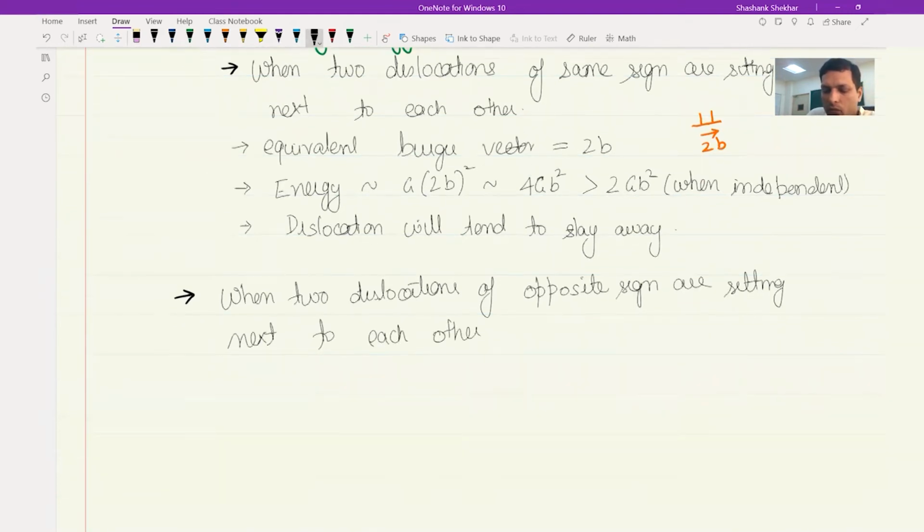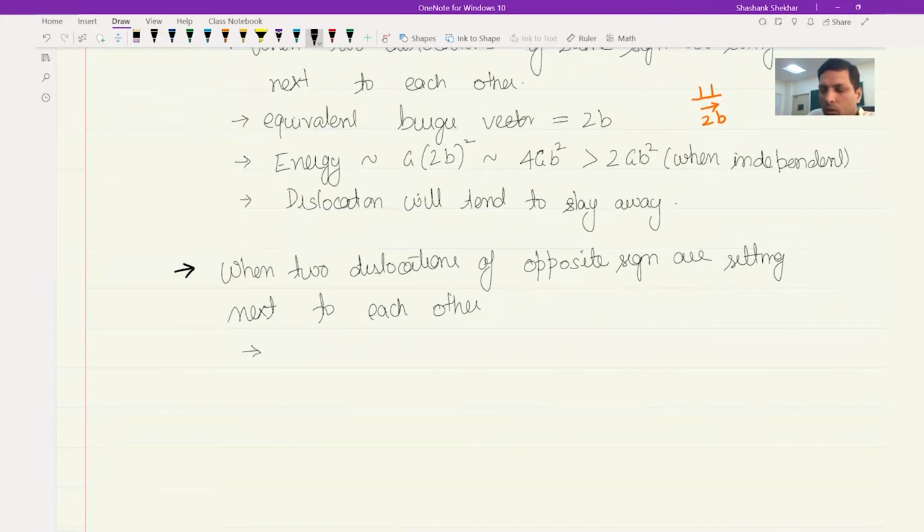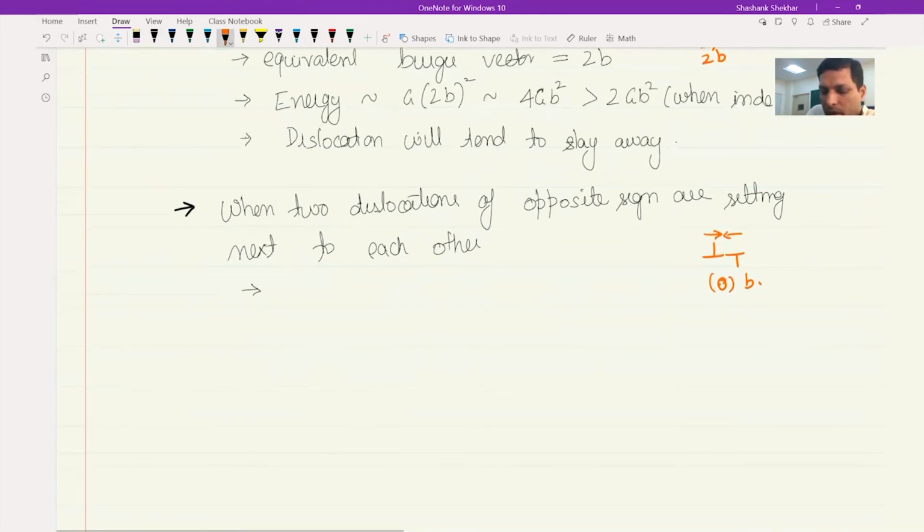So in this case, what will happen now that the two Burgers vectors, the two dislocations, are sitting like this. So this has B and this is minus B, which means the total is equal to 0B. So the equivalent Burgers vector is now equal to 0.